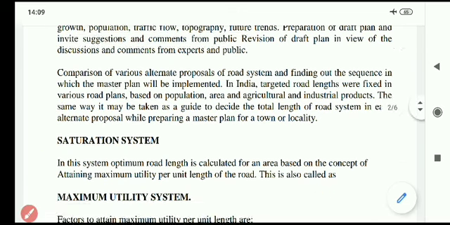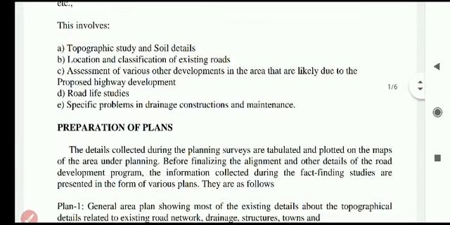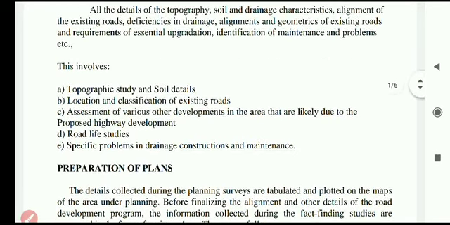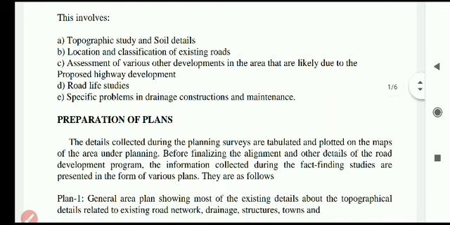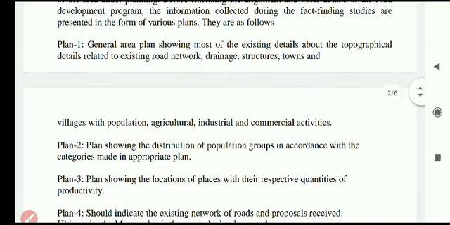Okay, next comes the saturation system. So friends, so far we discussed engineering studies and the steps involved in them: topographic study, soil details, location classification of existing roads, assessment of various other developments, road life studies, and specific problems in drainage construction and maintenance. After that, we studied the preparation of plans. Under it we have four types of plans: plan 1, plan 2, plan 3, plan 4.